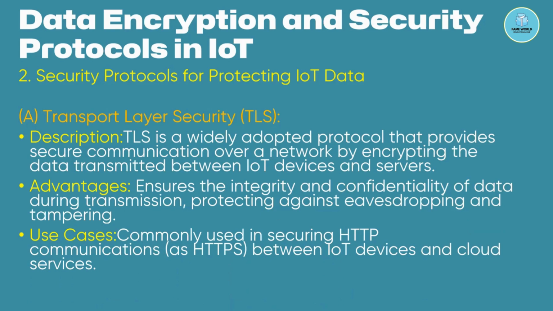HTTPS is HTTP secure, the hypertext transfer protocol secure, for the transmission of data between the IoT devices, the hardware, and cloud computing services. The cloud is simply virtual, not physically present with you. On the server you upload the data, that is the cloud.